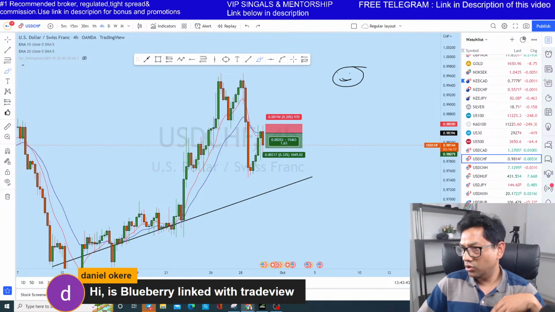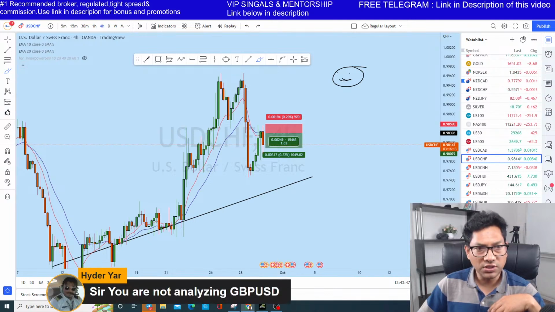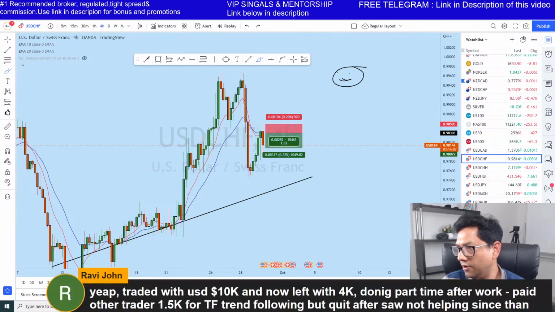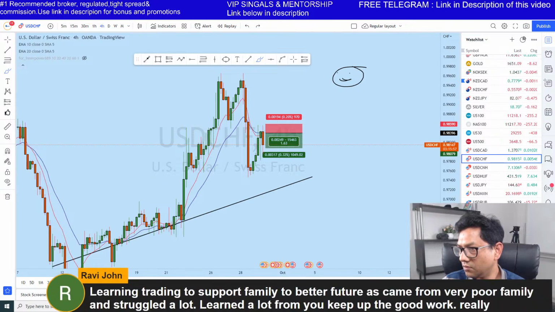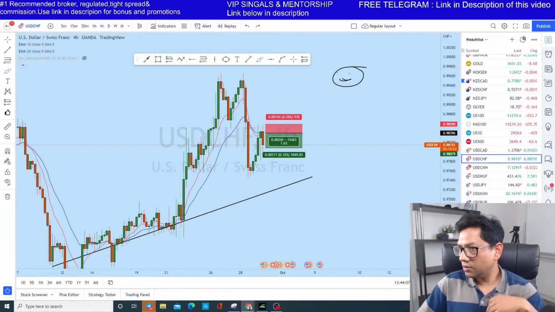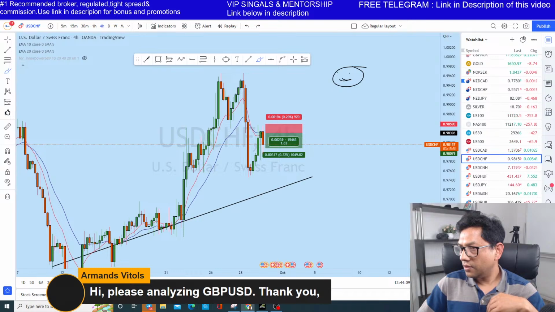What is going on with GBPUSD? Look at it, sir. Are you not analyzing GBPUSD? I think we discussed GBPUSD. Look at it again. Yep, traded with 10k and now left with 4k. Going part-time after paid work, trend following. Please analyze GBPUSD.